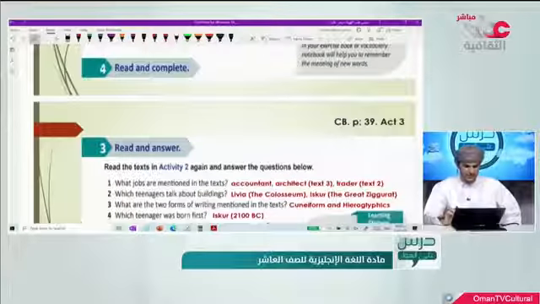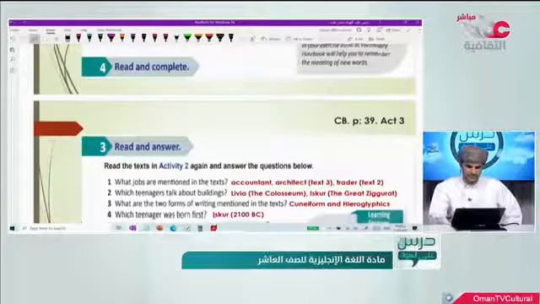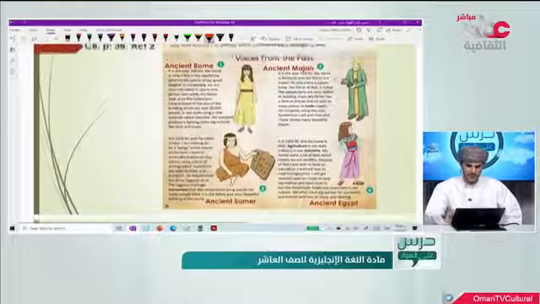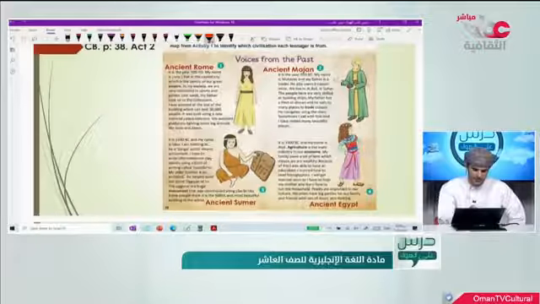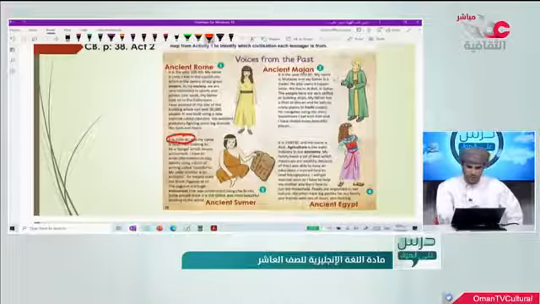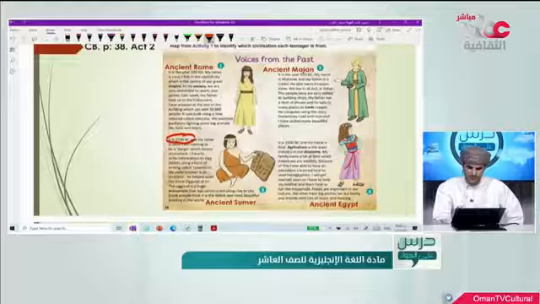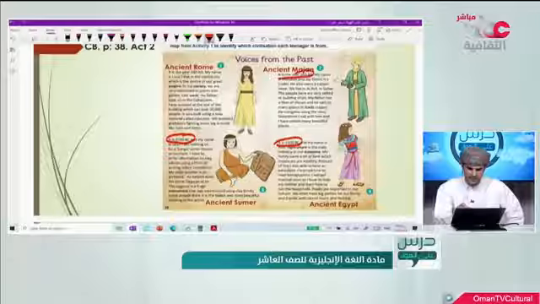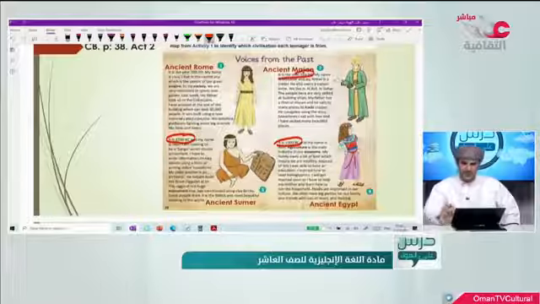Which teenager was born first? Iskor. Okay, Iskor here was born 2,100 before Christ was born. Whereas Atit 1,500 and Mubarak 950 before Christ was born.